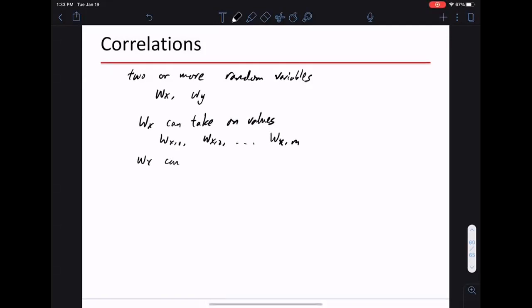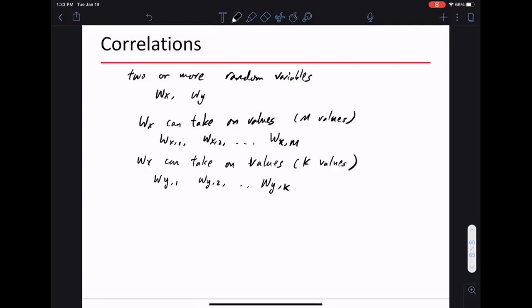Wy can take on values Wy1, Wy2, up to Wy K. So there are capital M possible values for Wx, and capital K values Wy can take.